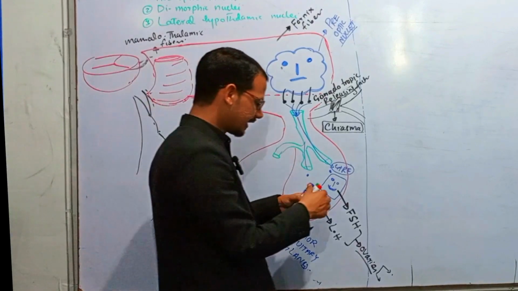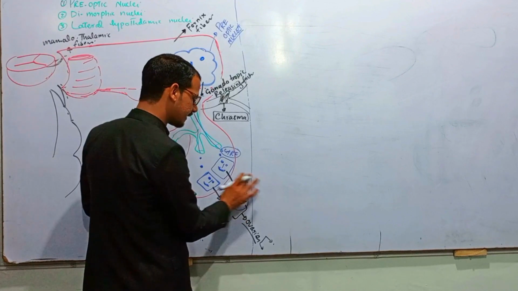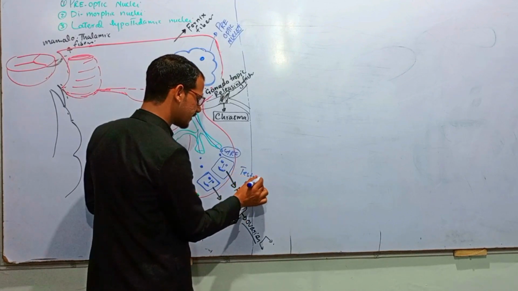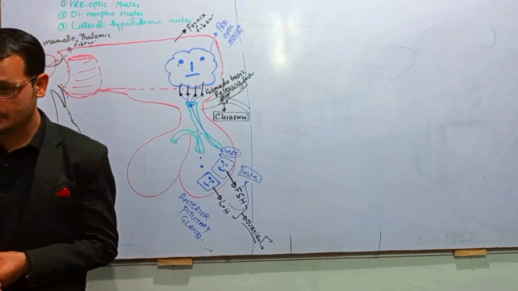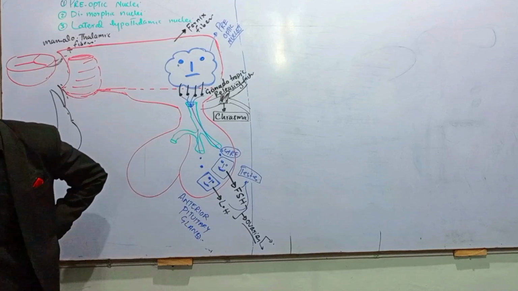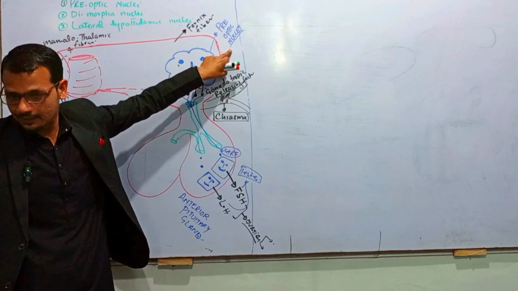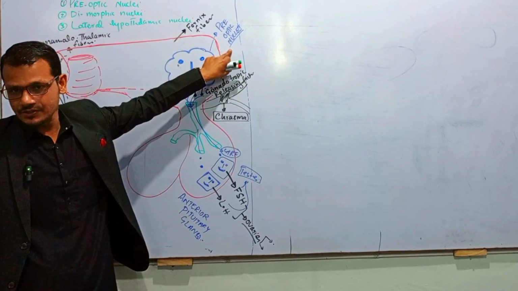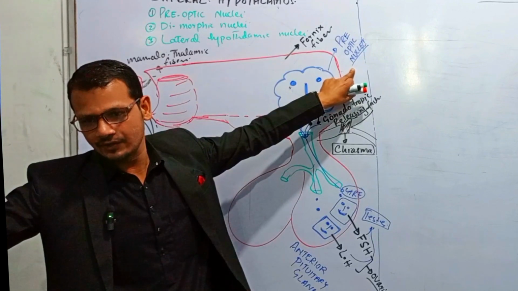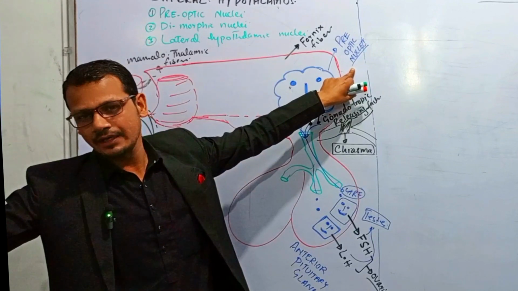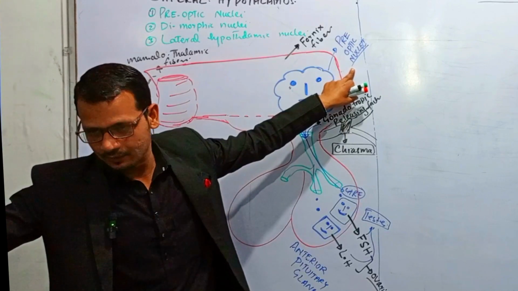In males they affect the testes and are responsible for the production of testosterone, which is the male sex hormone. So this is the function of the preoptic nuclei: it secretes gonadotrophic releasing factor, which controls the anterior pituitary gland for releasing follicle stimulating hormone and luteinizing hormone.